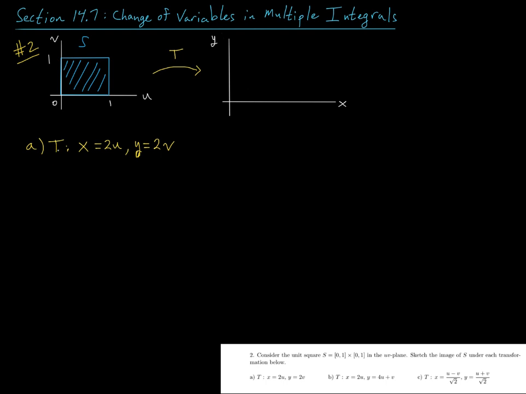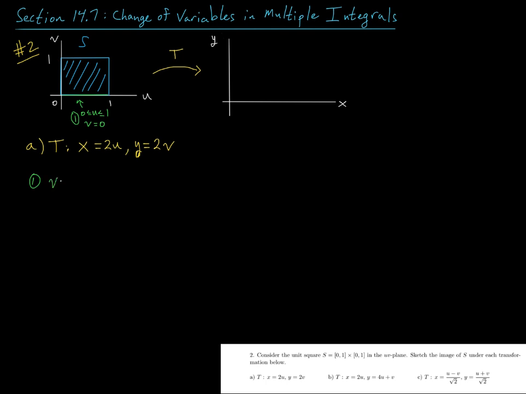And for part A, our transformation T is described by the equations x equals 2u and y equals 2v. So let's first see what this transformation T does to the boundary of this square. So we'll first consider this bottom edge in green where u varies from 0 to 1 and v is equal to 0.